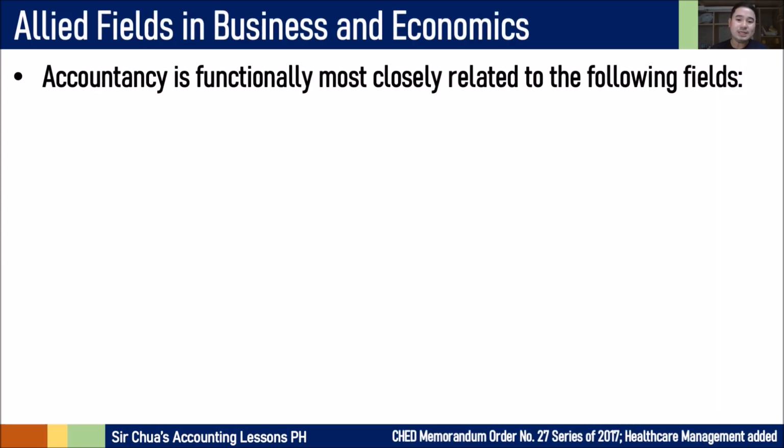Now, accountancy is functionally most closely related to the following fields. So, baka po yung inyong trabaho as an accountant is magkaroon po ng relationship with our other kapatid in business, economics, and management area, no?